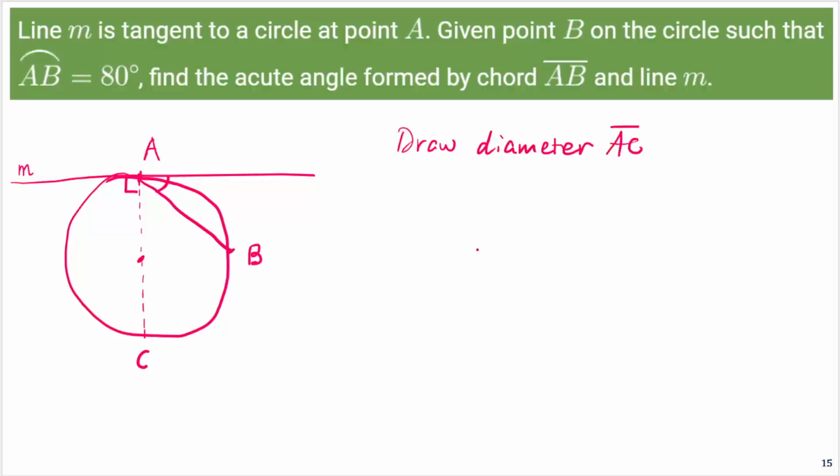Since we know this line is perpendicular to M at point A, and since arc AC is a semicircle, we have arc BC equals 180 minus arc AB, which is 100 degrees, right?